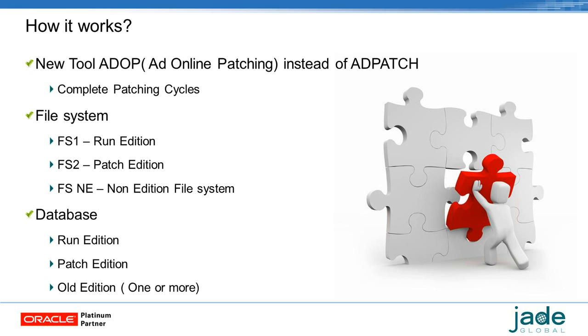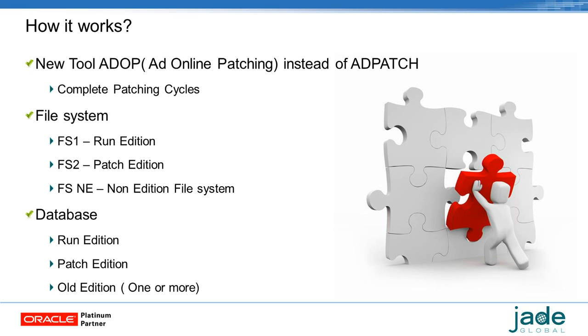On the database level, we have a single database within which we have multiple editions sitting in an isolated manner. One edition, the main edition, is called the run edition, and it always supports the running application. The second one is the patch edition, which is once again a copy of the run edition, and you will create this patch edition when you are ready for patching.